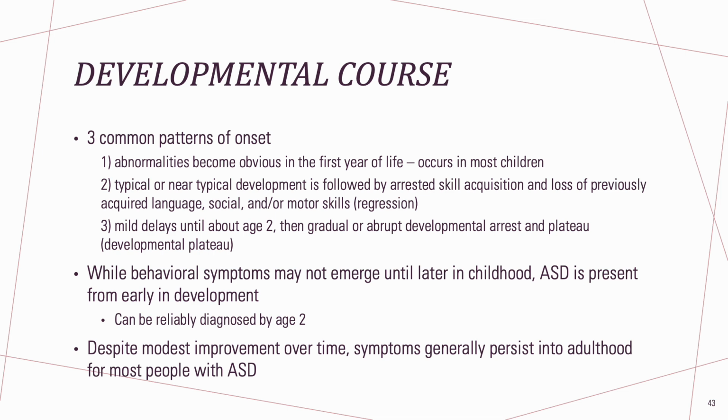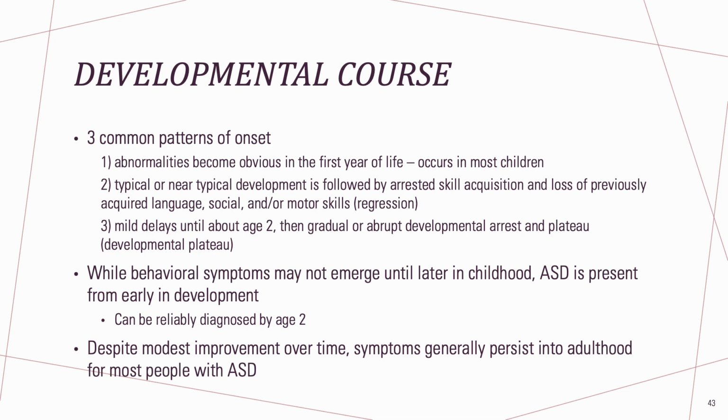While behavioral symptoms may not emerge until later in childhood, we do know that autism is present from early in development, and in fact, it can be reliably diagnosed by age 2. So even though we may not see behavioral symptoms before age 2, or generally not until a child is a little bit older, there might still be indicators that autism is present, and in fact, we know that neurodevelopmentally, those indicators are there already at an early age.